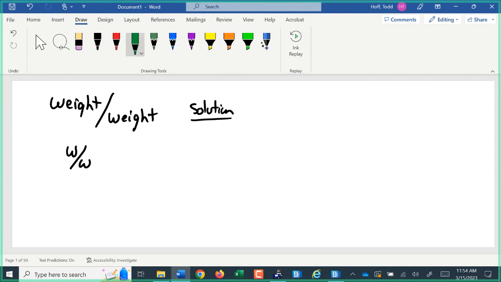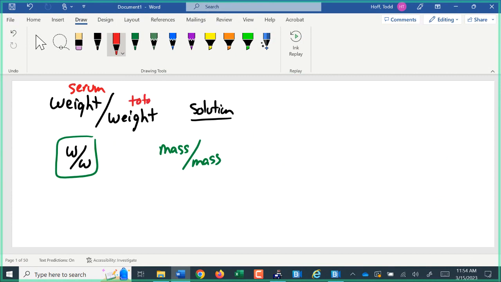Now, of course, as we're switching over to the metric system, and most of what we're doing in here will be metric, it really should be mass in mass, because we're dealing with mass, not weight. But we've left the old notation of W/W. So the first one is the serum is being measured in weight. And the second one then is the total solution.